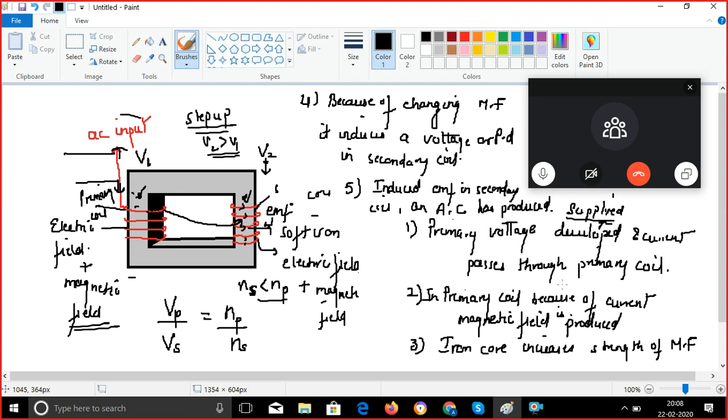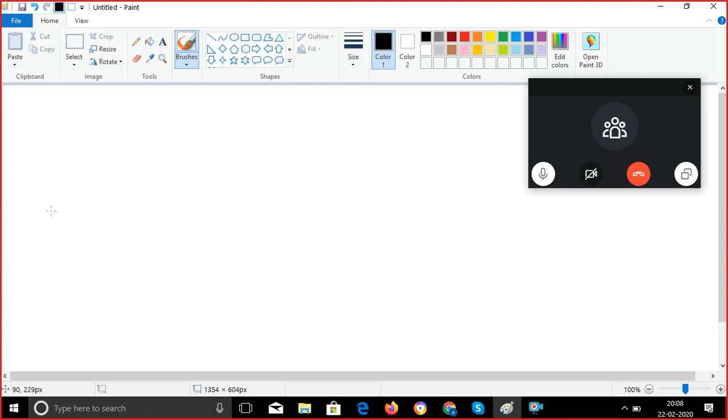Now let me see. So this relation we have to use: voltage in primary divided by voltage in secondary coil equals number of turns in primary coil divided by number of turns in secondary coil.